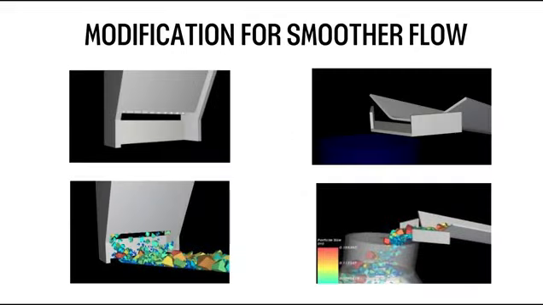Additionally, insights from the simulation allowed us to modify certain low pressure components, resulting in smoother particle flow and improved overall efficiency. These findings demonstrate the value of computational simulation in optimizing crusher design and predicting real-world performance with minimal physical testing.